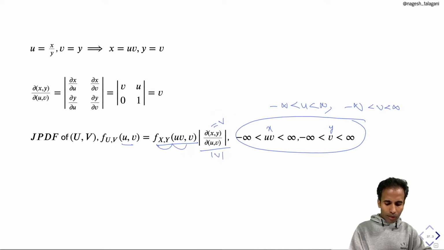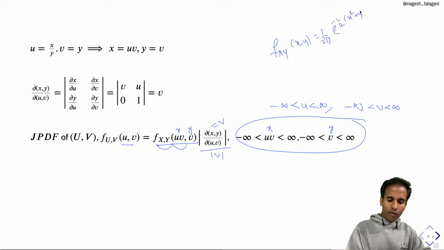Now to see this, we have to substitute uv for x, v for y in the joint PDF of xy, that is 1 by 2 pi e power minus 1 by 2 of x square plus y square, for minus infinity less than x less than infinity, minus infinity less than y less than infinity. Fine. Okay.